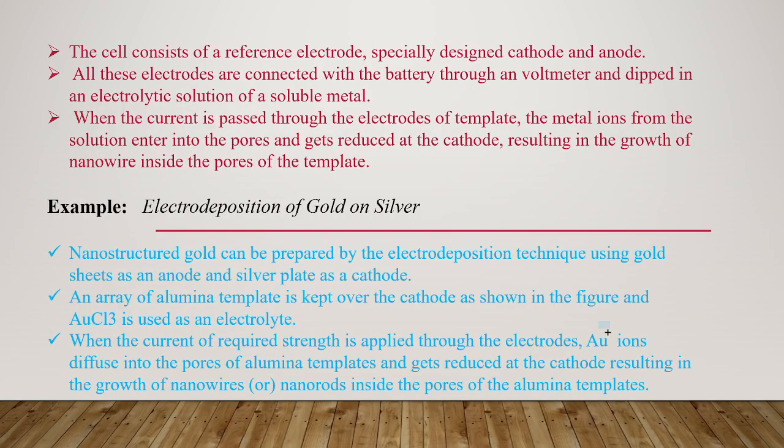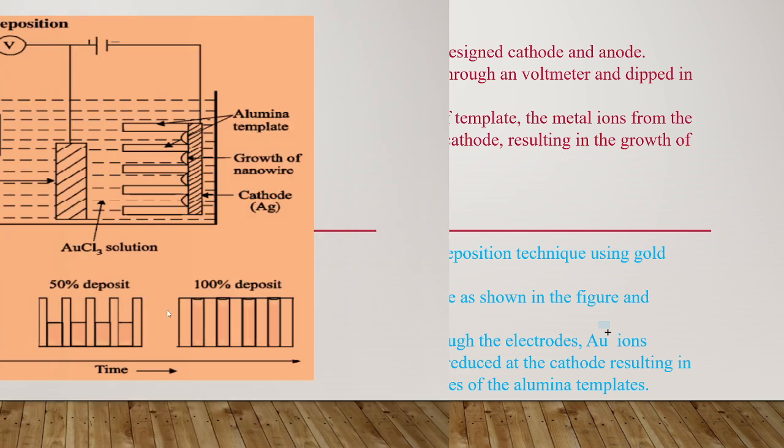Let's see one example: electrodeposition of gold particles on silver, that is, the synthesis of nanostructured gold. For the synthesis of nanostructured gold, we use a gold sheet as the anode and a silver plate as the cathode. Here the alumina template is kept over the cathode and AuCl3 is used as the electrolyte.